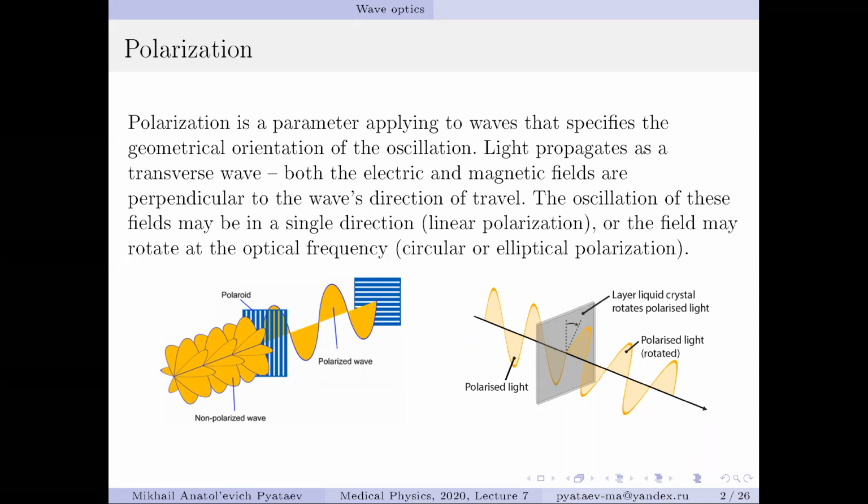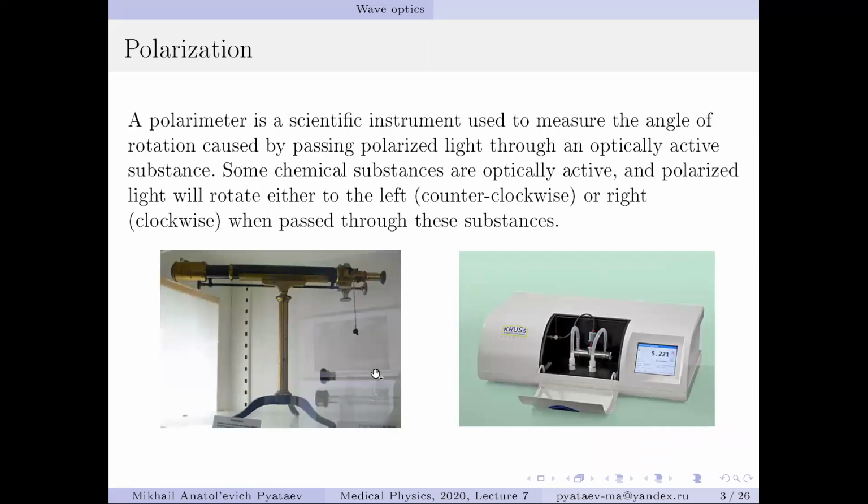The next application of this phenomenon is medical investigation, because there are some substances which are important from the medical point of view, which also rotate the axis of polarization. One of these substances is sugar.